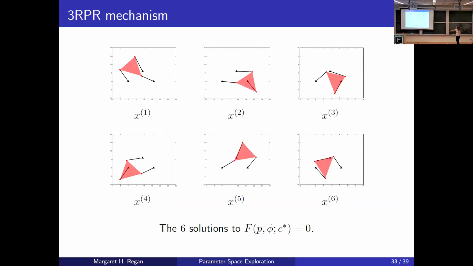So we can visually see how different they are with the same leg length values. How can we determine whether we can take the leg length values, travel in a loop in the parameter space, end up at the same leg length values, but maybe go from 1 to 5? Can we interchange that orientation?